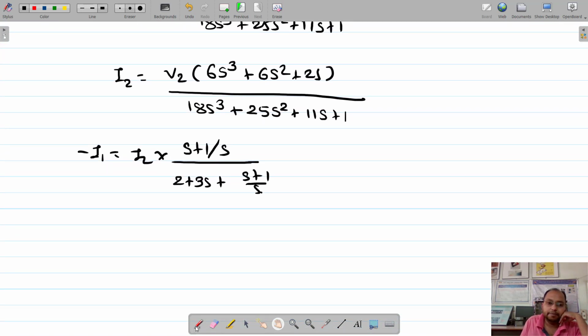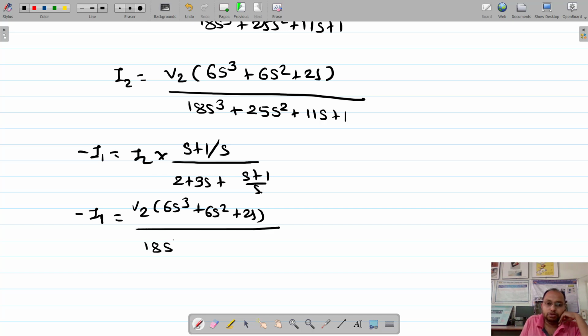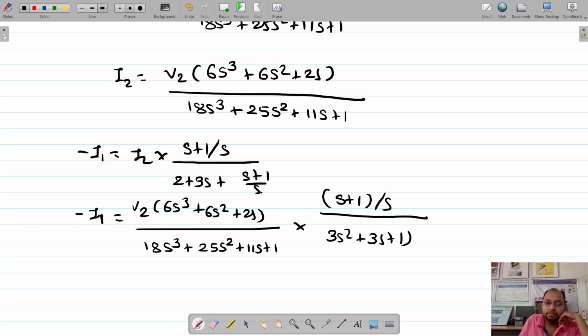So this is resulting as minus I1 is equal to, now let us put this V2 into (6s cube plus 6s square plus 2s) divided by (18s cube plus 25s square plus 11s plus 1), into (s plus 1) divided by s, divided by (3s square plus 3s plus 1) divided by s, which can be cancelled out.